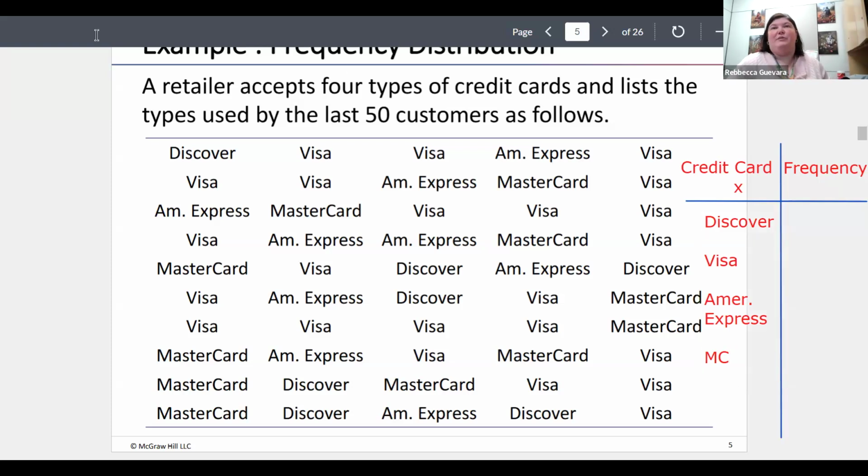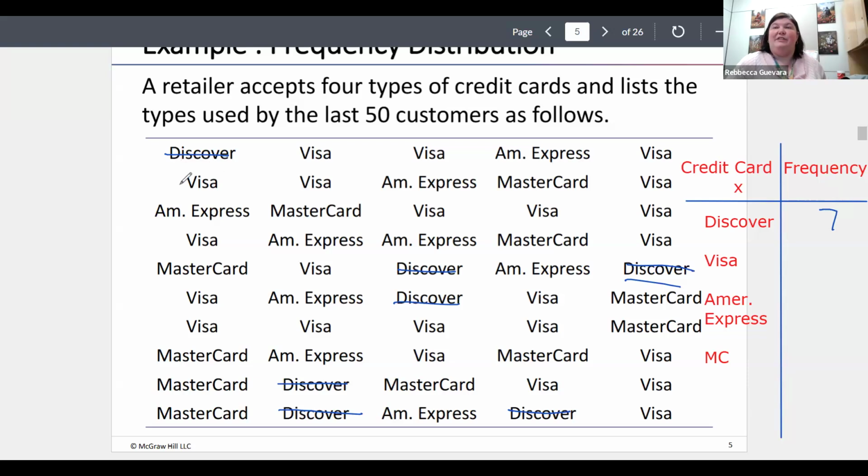All we do is go and see how many we had of each one. If we look at Discover, we got 1 here, 2, 3, 4, 5, 6, 7. You see that the frequency would be 7.